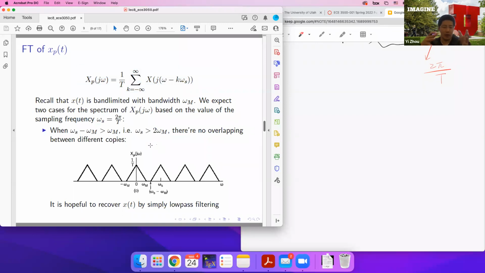So if I give you a signal and you are given the spectrum of this continuous time signal, you should be able to identify the Nyquist sampling rate for this signal. It's basically 2 times the bandwidth.